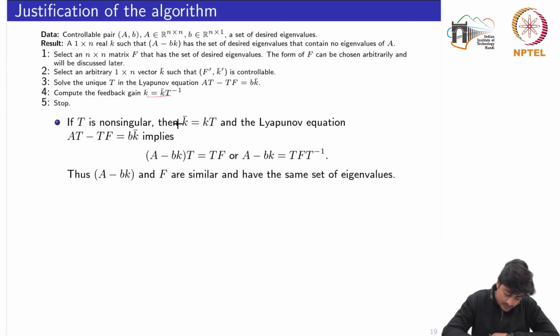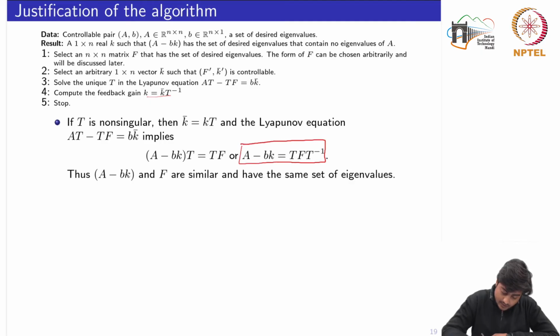For example, if I put k bar equal to kT here and take it to the left hand side, I would have A times T minus B k times T, and after taking the T matrix common, the rest is A minus Bk, and we take this part to the right hand side, so it gives T F. Now again taking this T matrix to the right hand side, I would have A minus Bk is equal to T F T inverse.